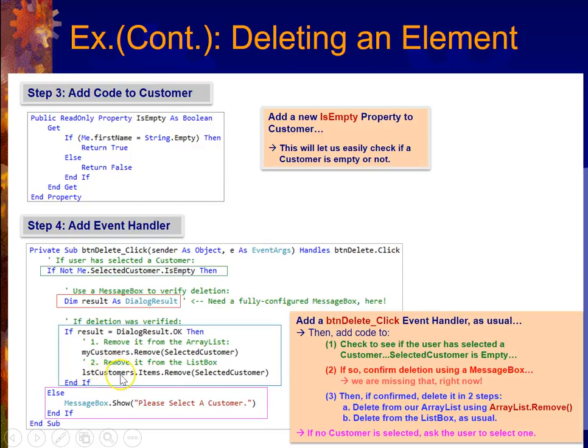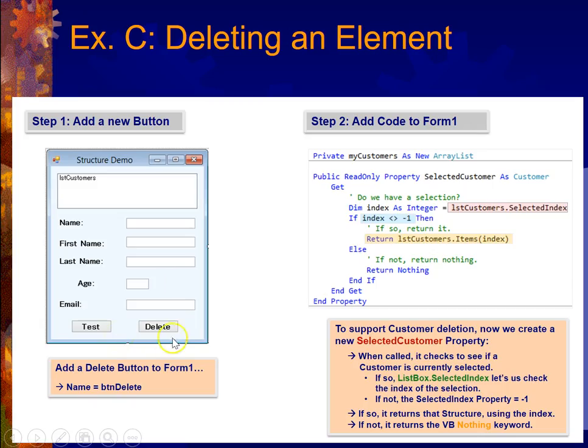So you just do listCustomers.items.remove that same customer. So that's really all you need. I guess you do need some way to indicate which customer has been selected, but you don't have to do it exactly this way. You could try and do it some other way, but here we do it this way.